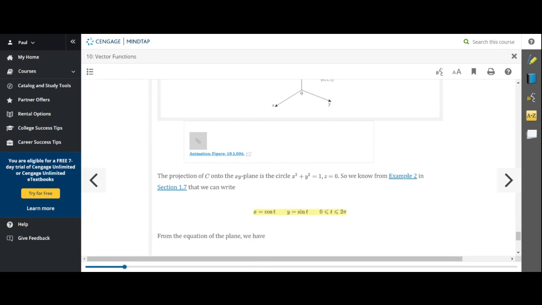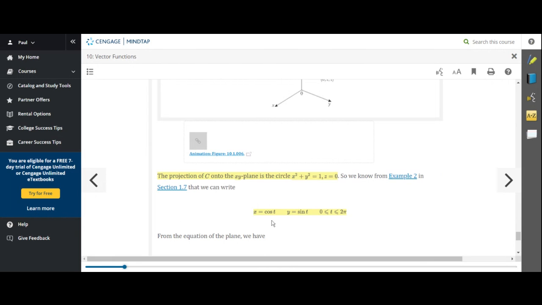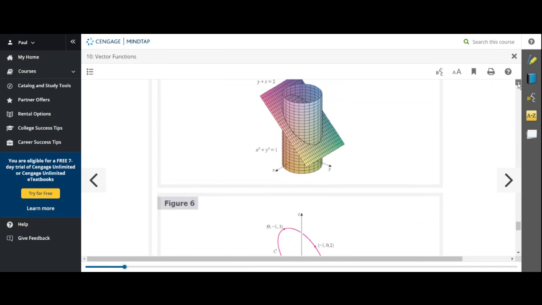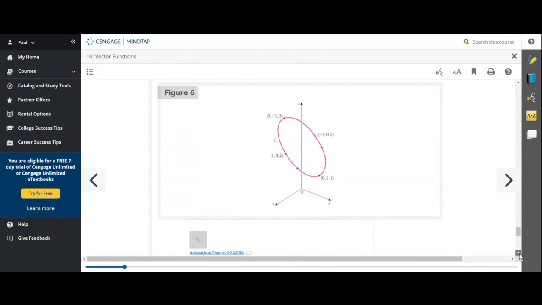We considered the cylinder. We considered the cylinder, the projection of C onto the XY plane was that circle, but what haven't we considered? The plane, that's right. Now the plane, as you know, is z equals 2 minus y.